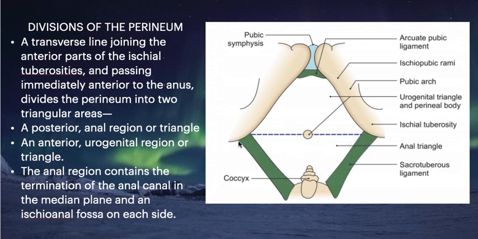We have a posterior triangle called the anal triangle or the anal region, and the anterior one is the urogenital region, or urogenital triangle. The anal region, as the name suggests, will contain the termination of the anal canal in the median plane and the ischioanal fossa on either side.